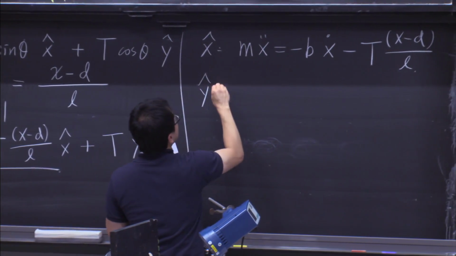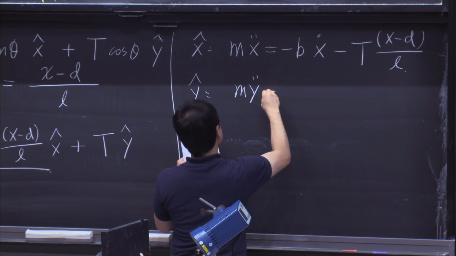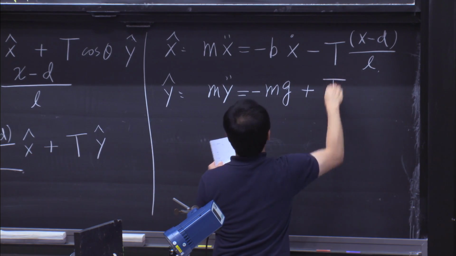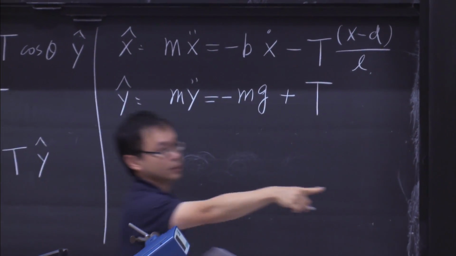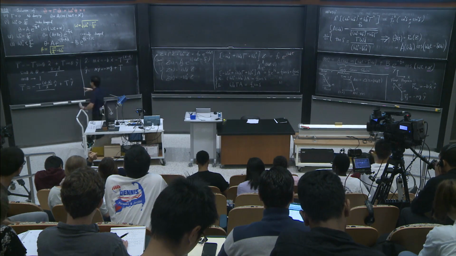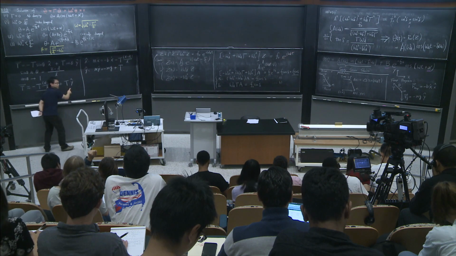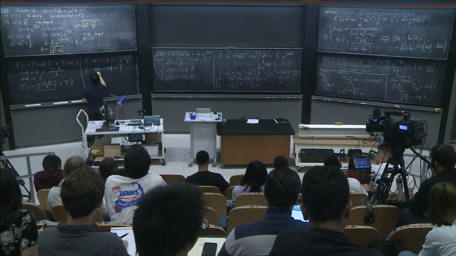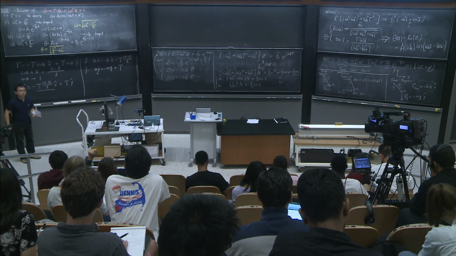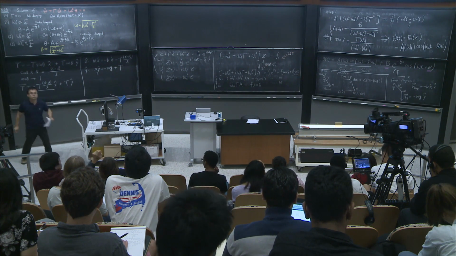Let's look at also the y direction, and m y double dot will be equal to minus mg plus T, right? The minus mg is from the gravitational force, and this T is coming from the y component of the string tension. And of course, since we are taking a very small angle approximation, there will be no vertical motion, right? Yes?